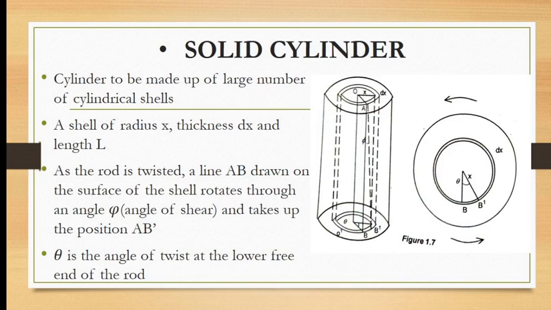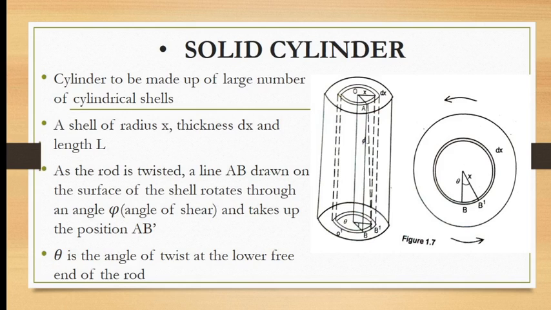Once again I am explaining the cylinder. We have a cylinder of length capital L and radius small r. Its upper end is fixed and its lower end is given the twisting torque, twisting couple. Now we had considered this cylinder made up of a large number of cylindrical shells.